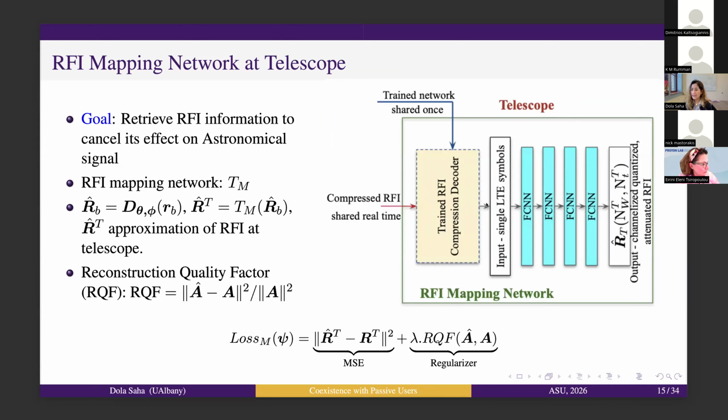That baseband signal is not much used because the telescope doesn't get that signal. It gets a signal which has propagated through the channel. It has been filterized, channelized and even quantized at the receiver, and we have to map to that signal. So we map that signal through another network. We call it the mapping network.